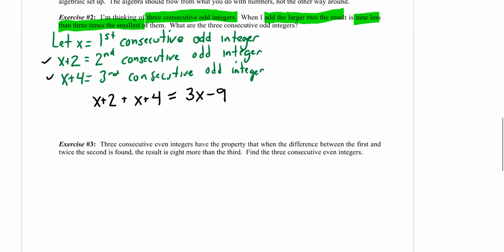Everybody right now on your own. You're going to get your calculator. You're going to use NSOLVE to solve it. I want to see it on your calculator. You're going to show me what you typed in and show me what it looks like. Number 3, right? You're going to type in NSOLVE, x plus 2 plus x plus 4 equals 3x minus 9, comma x. Everybody's got to show me this since you know how to use NSOLVE.